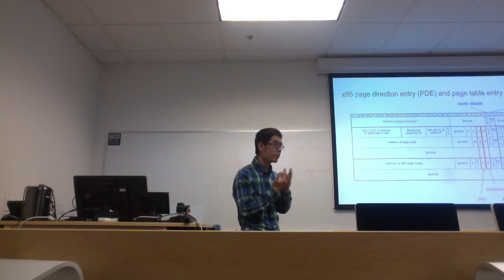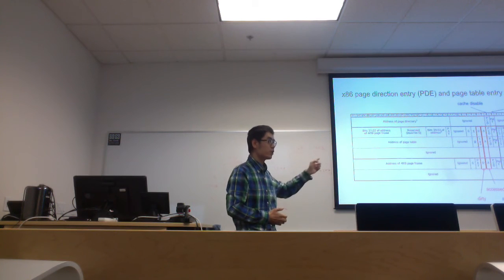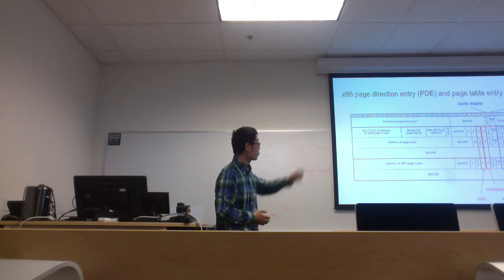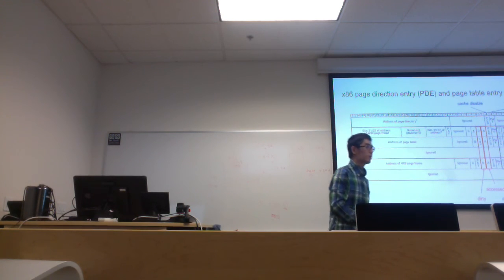In this way, if I observe for a period of time, I can know some pages are accessed quite frequently. Some pages are not accessed frequently. Right? So that's why we need this access bit and a dirty bit.